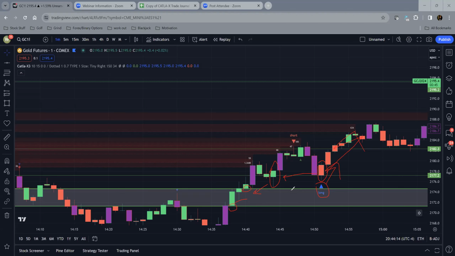This is even a stronger sign. The fact that we retested the manipulation told us that this liquidity below us was okay to be left behind for now. Does that make sense? Good.